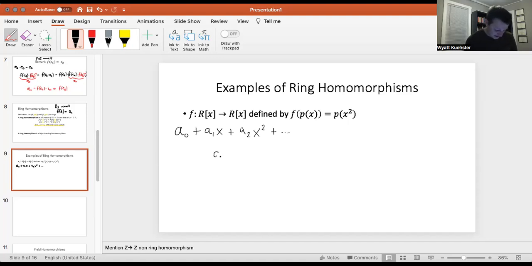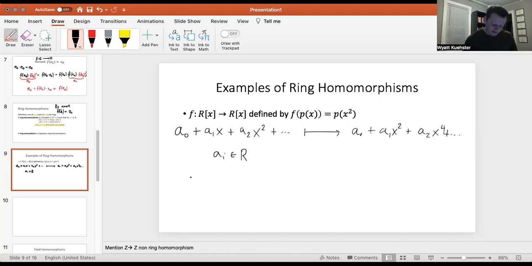And these a_i should come from R. And I can define a map from R[x] to R[x] by taking a polynomial p of x and replacing all the x's with x squared. So this would map this polynomial here to a_0 plus a_1 x squared plus a_2 x to the fourth plus dot dot dot.